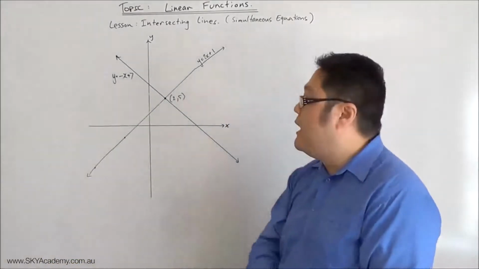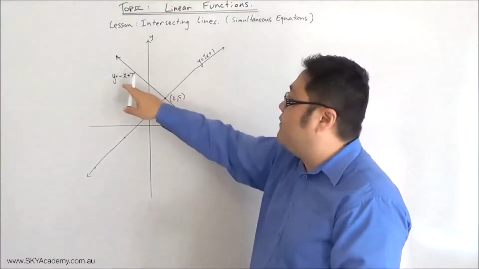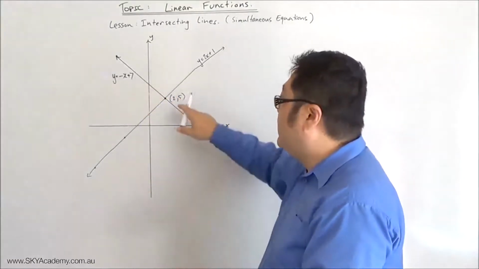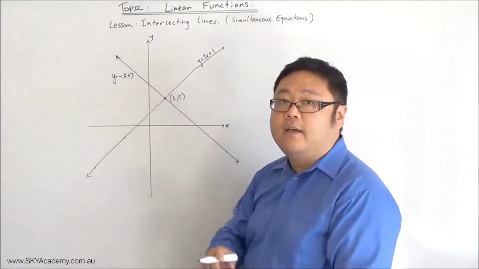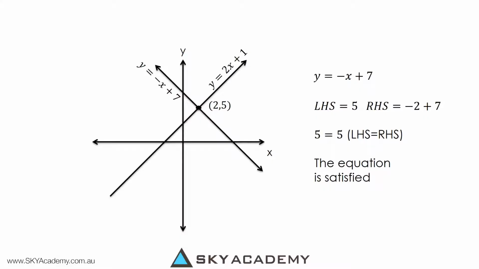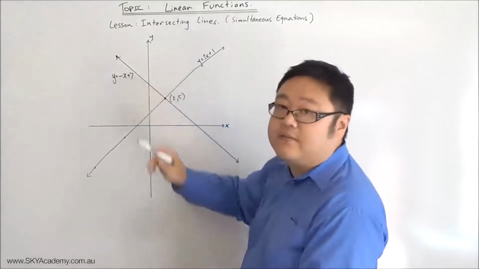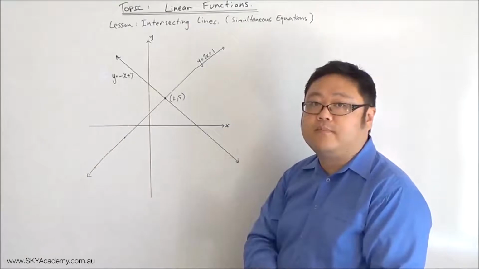How do we know that 2, 5 satisfies that line? Well, if we substitute 2 for x and 5 for y, it should satisfy. In fact, every single point that lies on this line will satisfy that equation.